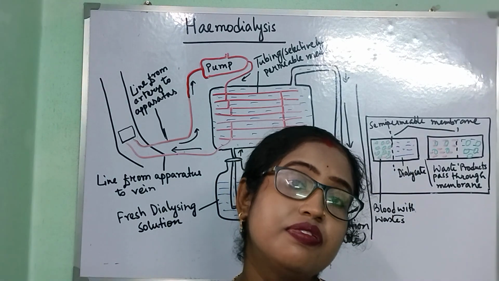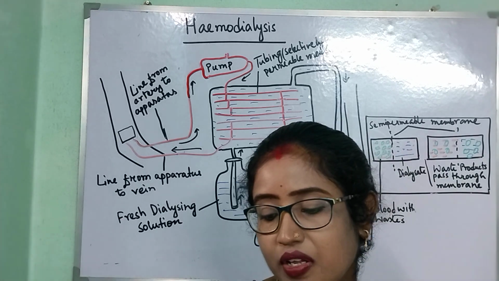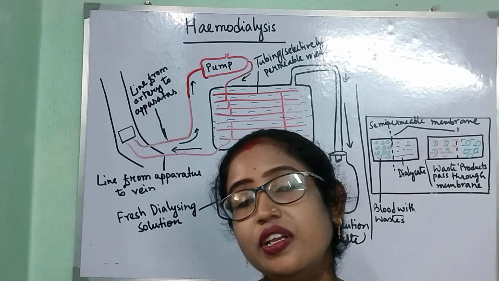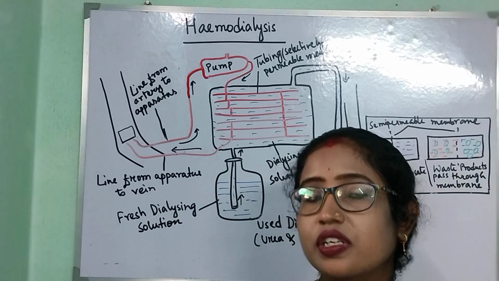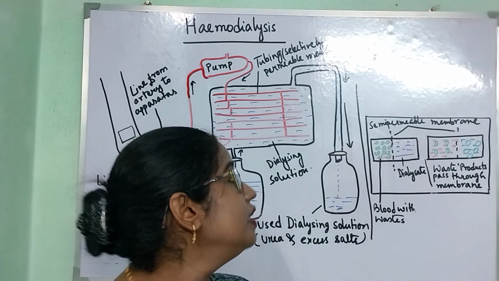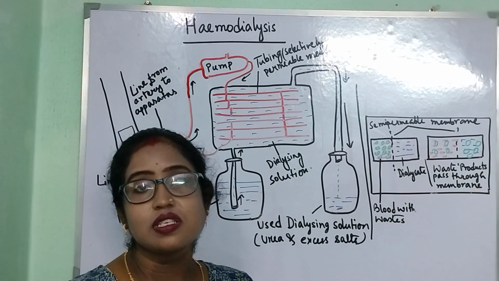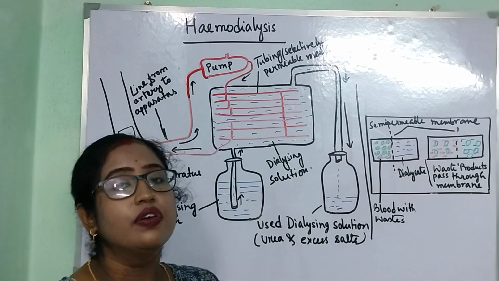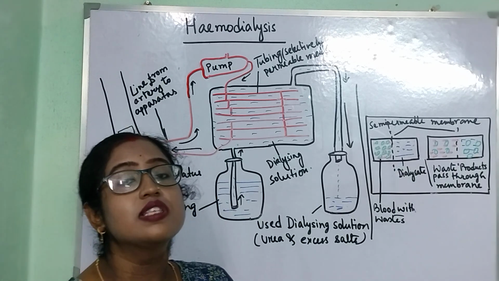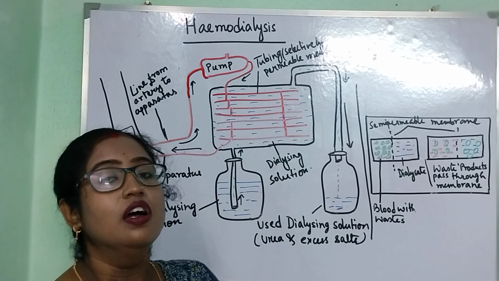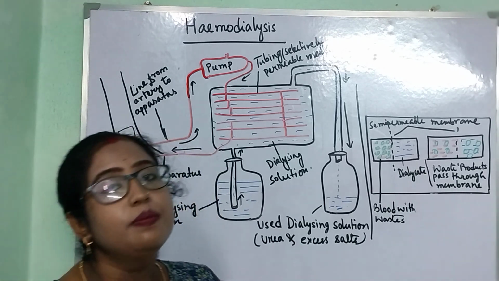But if both kidneys in a human being fail to perform their basic function, then we need an artificial kidney, because the kidney plays a vital role in our body in expelling the waste materials, or rather the toxic materials, that accumulate in our blood.